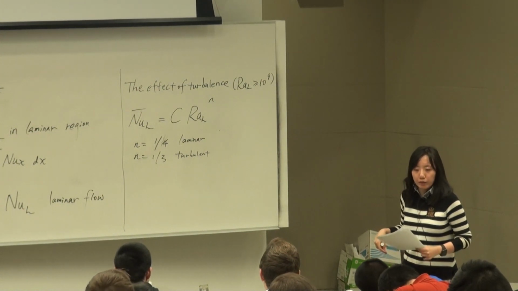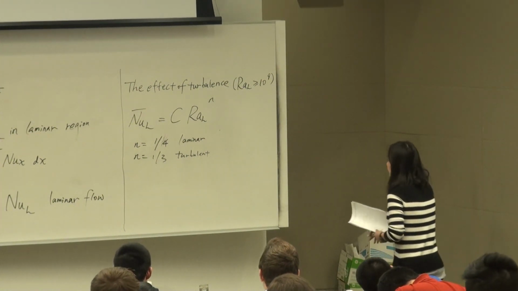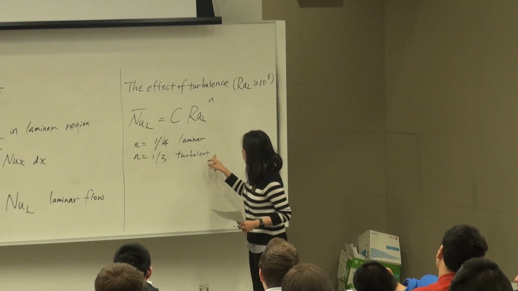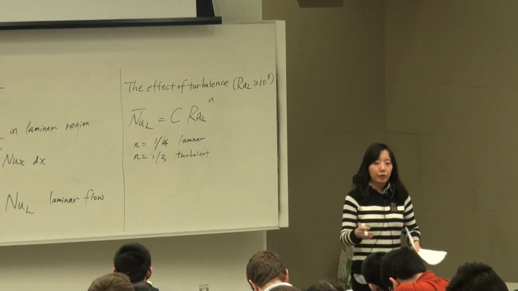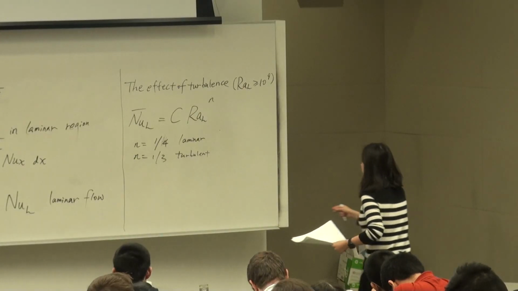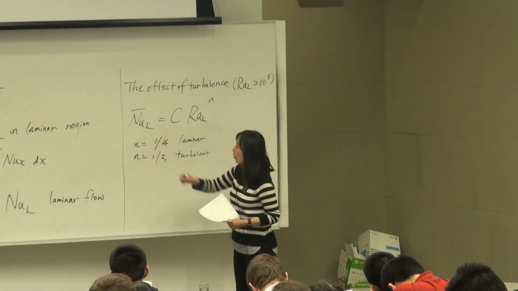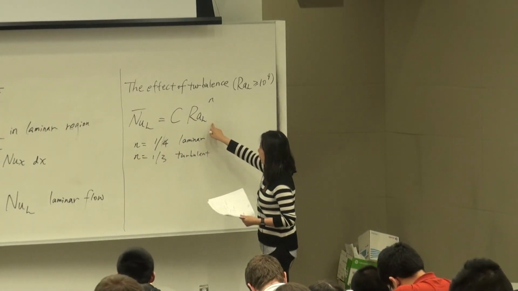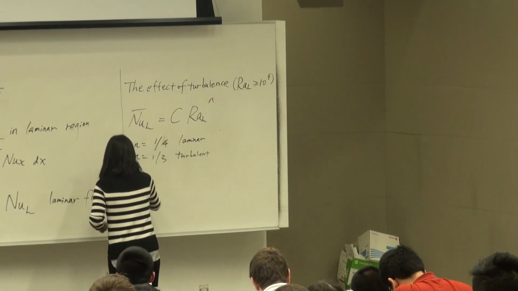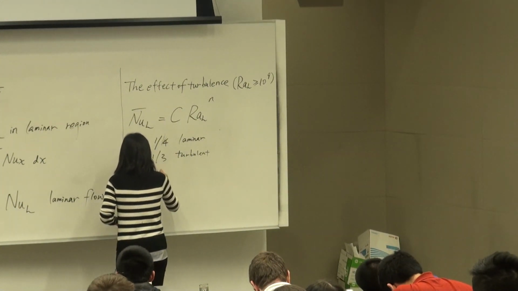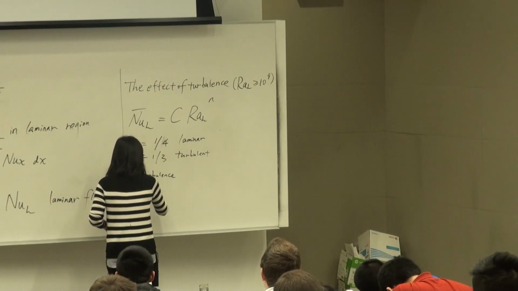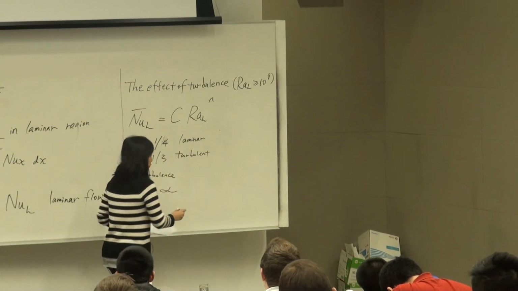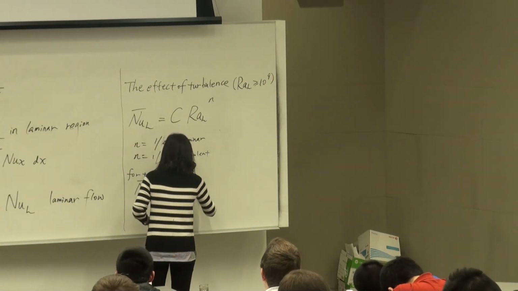Something I would like to catch your attention here. If, for example, we have turbulent flow, and I know that my local Nusselt number is proportional to Rayleigh number to 1/3.